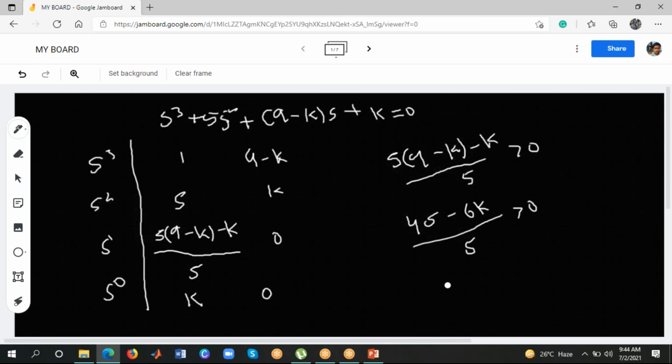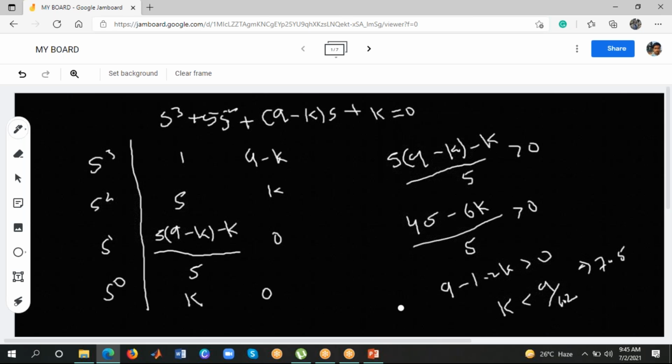So if you divide by 5, you will get 9 minus 1.2k is greater than 0, and k is less than 9 by 1.2, that is 7.5. Nine by 1.2 is 7.5.